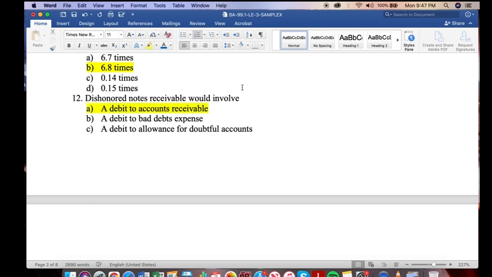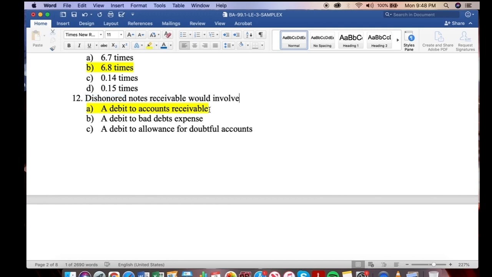Bakit? Ano ba ibig sabihin ng dishonor notes receivable? Usually, ang dishonor notes receivable, nasa receivable financing pa yan. Pero ang nangyayari kasi, kapag sinabing dishonor, hindi nagbayad si customer. Okay? Di ba may receivable ka sa customer mo, hindi mo na siya makokolekta.